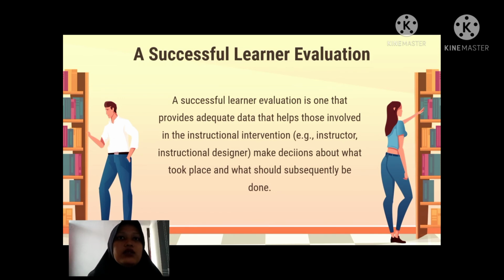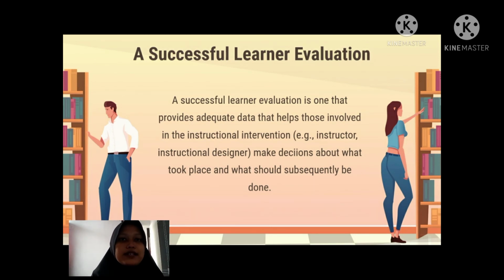If a learner evaluation indicates that a learner was not able to meet instructional goals and objectives, then the instructor, possibly with the help of the instructional designer, will attempt to find out why. Finding out why will help establish what appropriate next steps need to take place for a learner. It could indicate that such things as remediation are needed for the learner or that the instructional materials need to be improved.